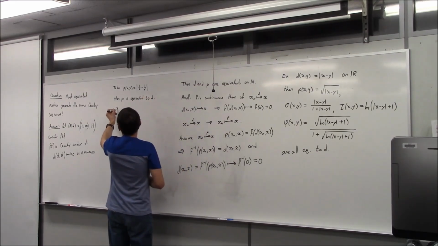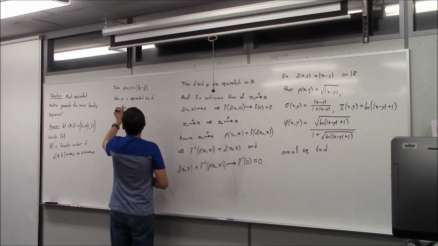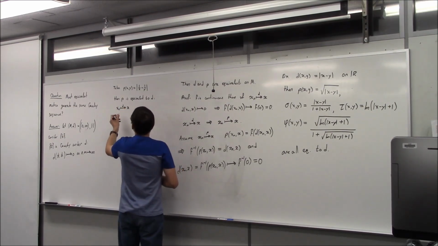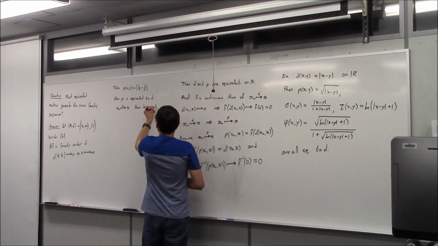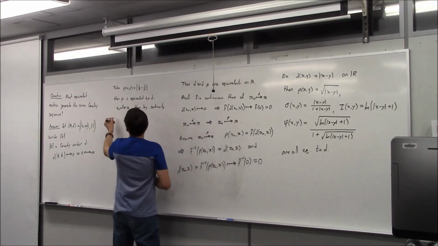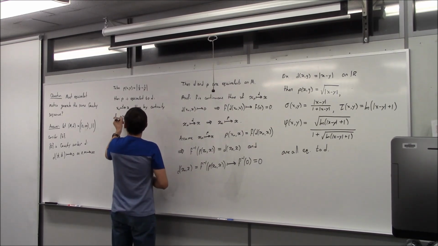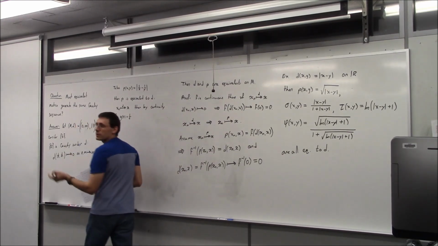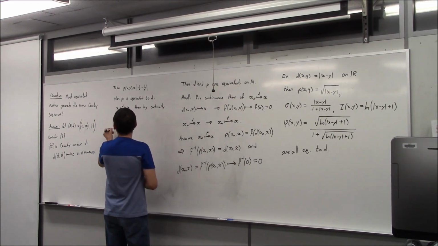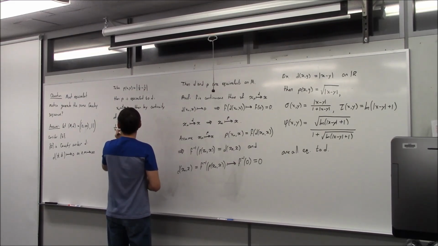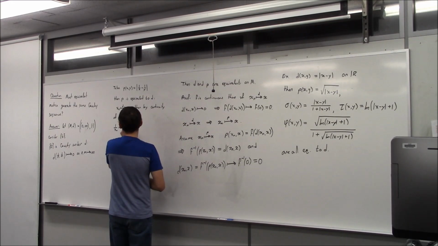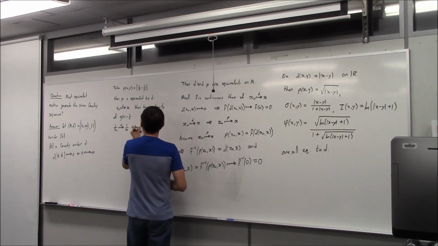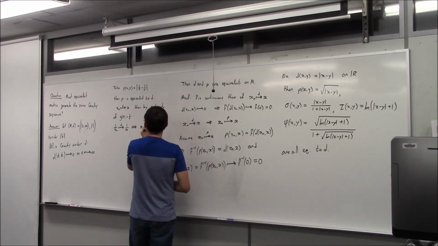Here is why it's equivalent. So one direction is if I take x_n under d to x, then by continuity of g of t equal to 1 over t, so 1 over t is continuous on this set, we would have that 1 over x_n goes under the distance d to 1 over x, which is the same as saying that x_n goes under the metric rho to x.